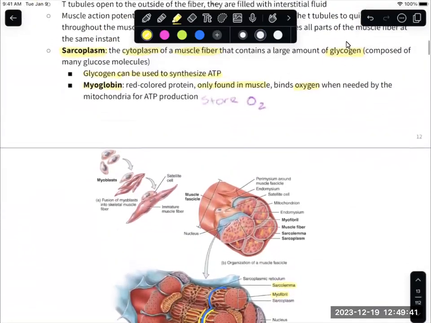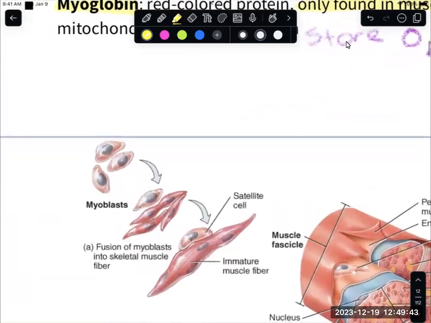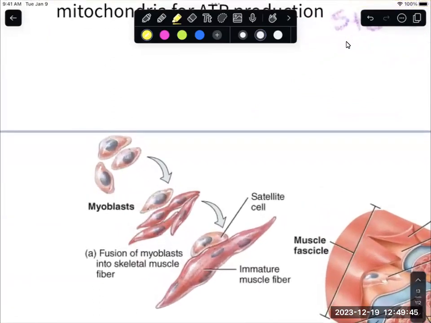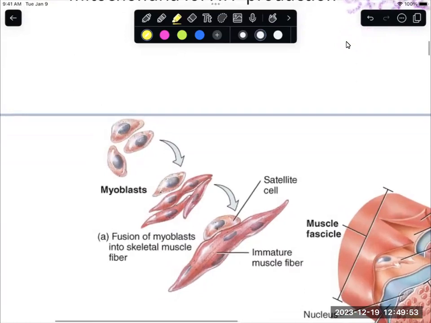Skeletal muscle, I think I pointed it out in the tissues chapter, has more than one nucleus. Why? Well, skeletal muscle starts as myoblasts. Several individual myoblast cells fuse together, but they all keep their nucleus.